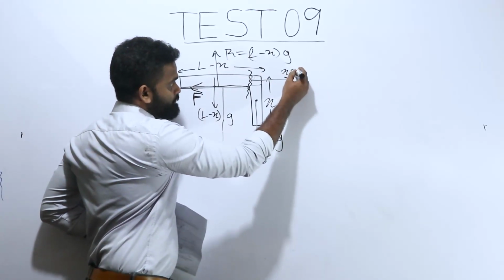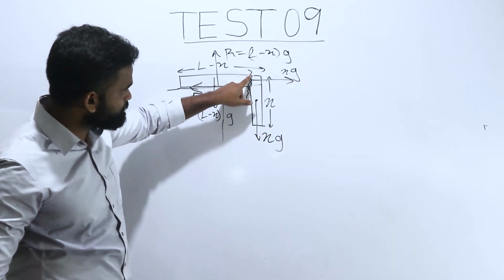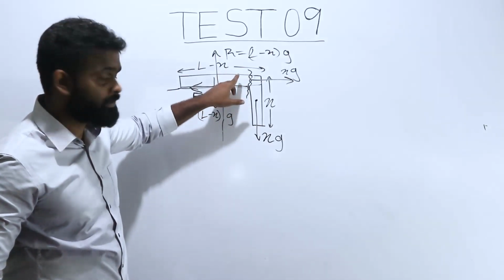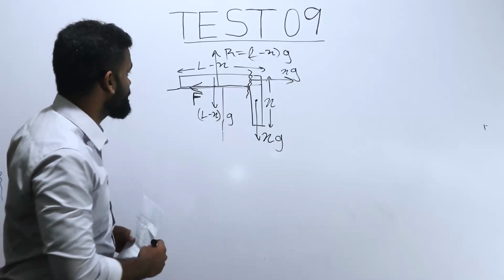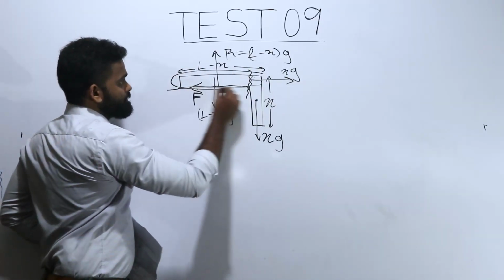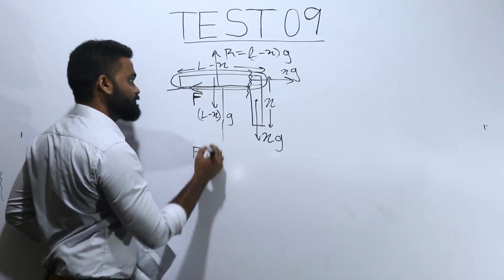So that force should be equal to Sg. So that is the weight of this part, held by the other part. Then the force acting on this here should be Xg to the other side. So this part of the string is in equilibrium under these forces.